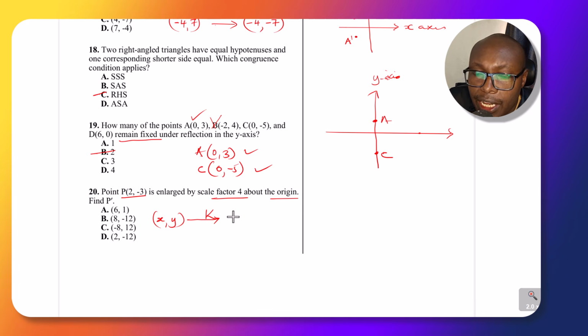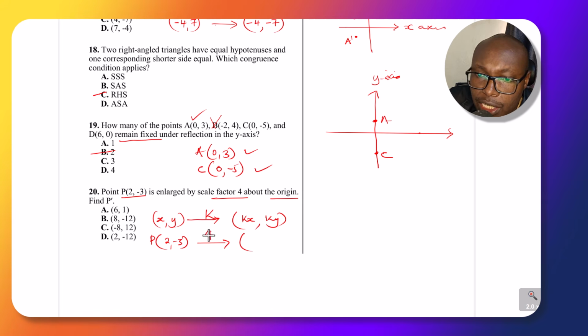You simply take the scale factor and multiply each of the coordinates: K multiplied by x, that will be kx, and K multiplied by y, that is ky. So you simply take the scale factor of enlargement and multiply the 2 coordinates, the x and the y coordinates.